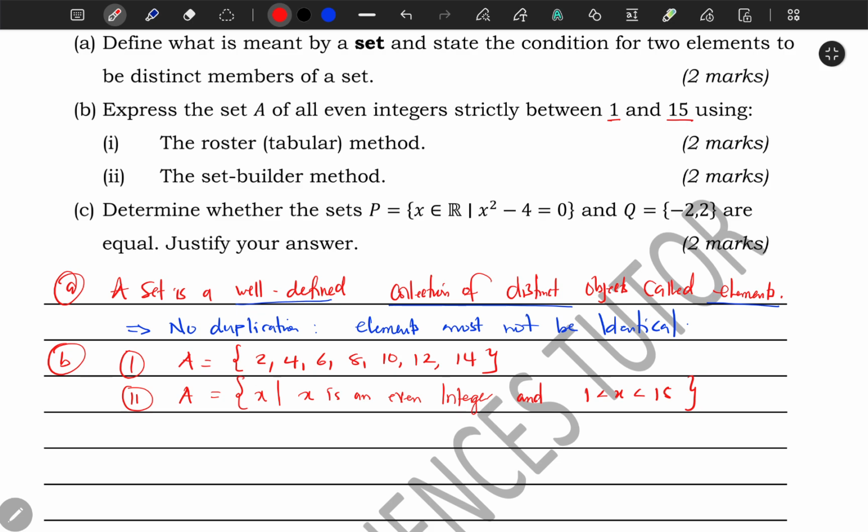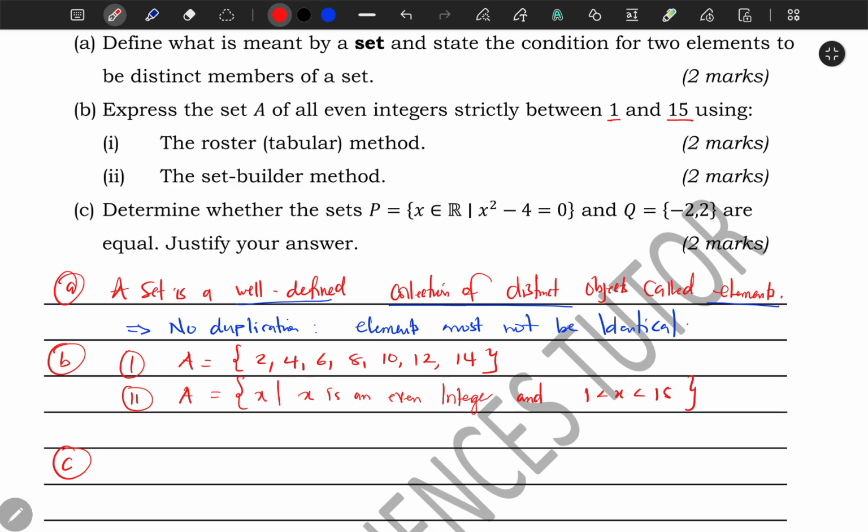This is more simple. So x is such that it's an even number, and the same x is between 1 and 15.